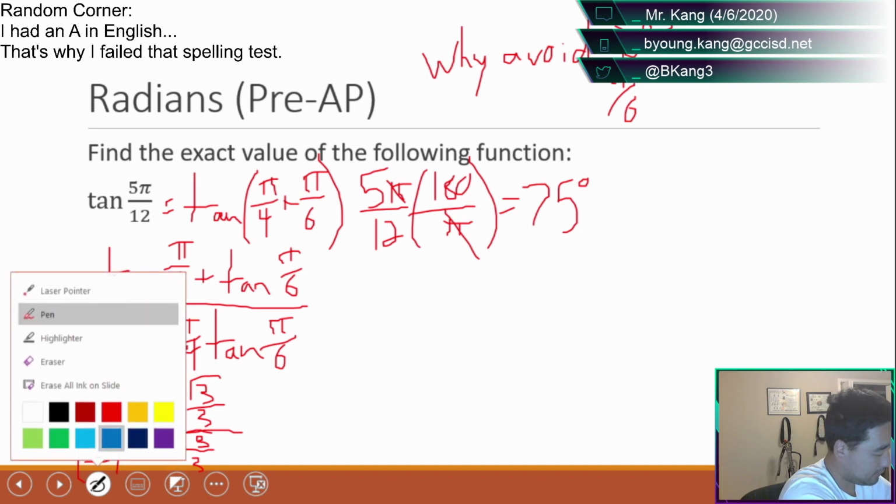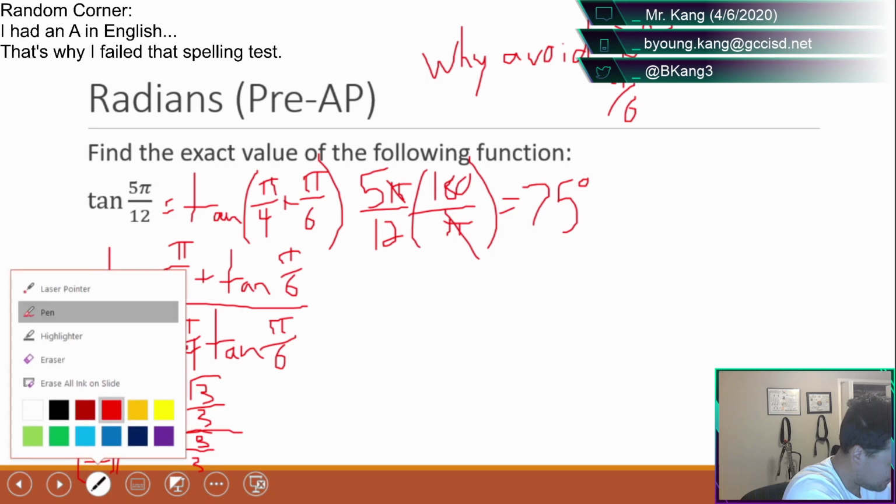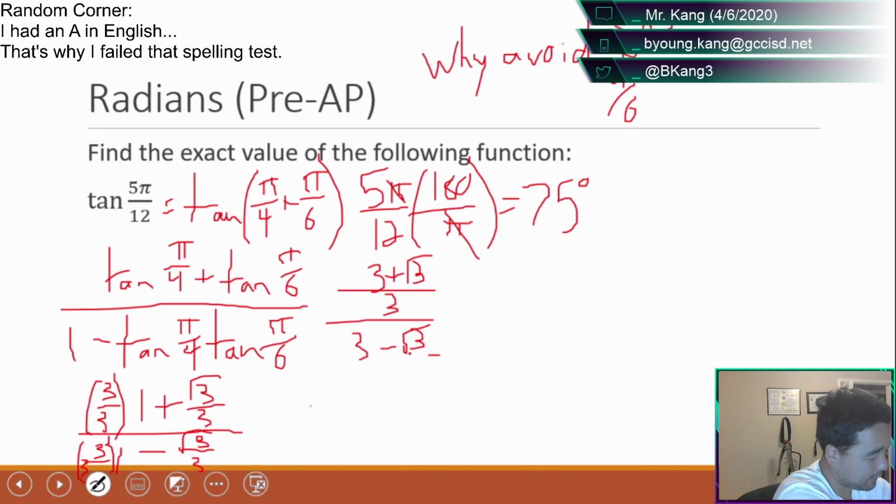Oh, whoops. I can't write the 3. It's right under that little pen graphic. Okay, there we go. So we've got to rewrite the problem as 3 plus square root of 3 over 3 over 3 minus square root of 3 over 3. Then you have to keep flip change.